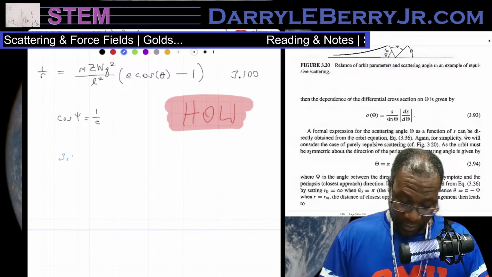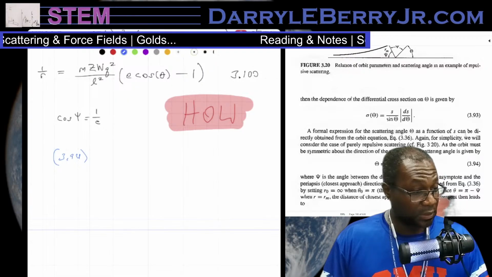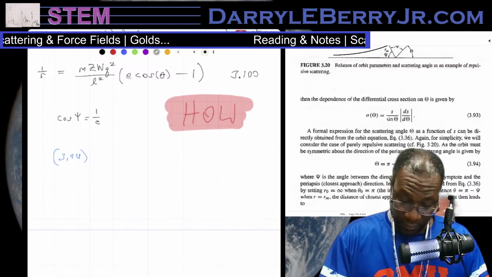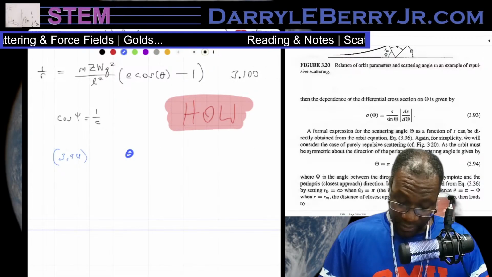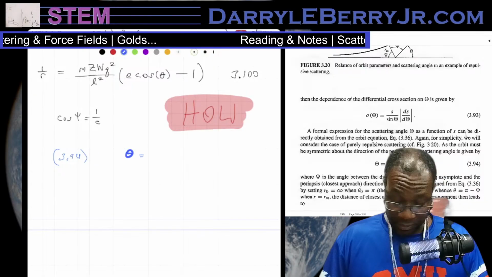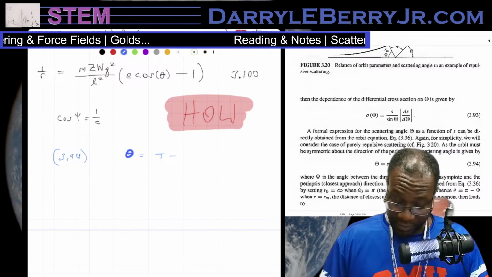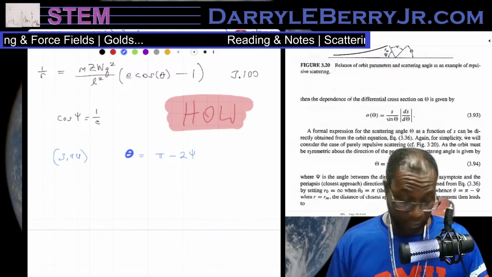So 3.94 is big theta equals pi minus 2 psi.